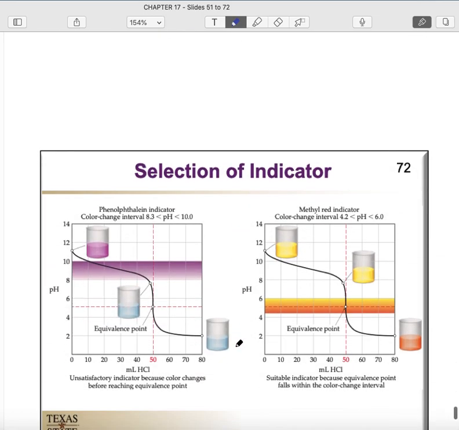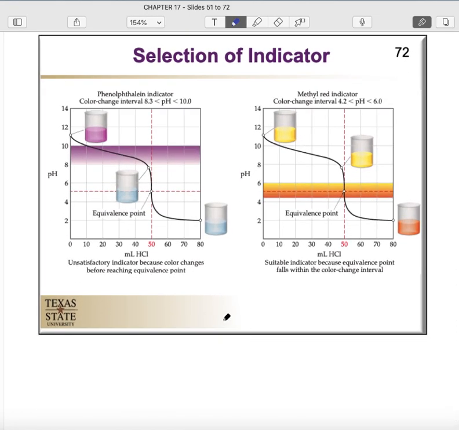Now in the next example, we are doing the titration of a weak base with a strong acid. I know that because of the shape of the titration curve, and also because the pH at the equivalence point is 5 in this case. It's an acidic pH, meaning that I have a weak base titrated with a strong acid. We have the same two indicators, phenolphthalein on the left, methyl red on the right, and we have to select which of the two is best for our titration.